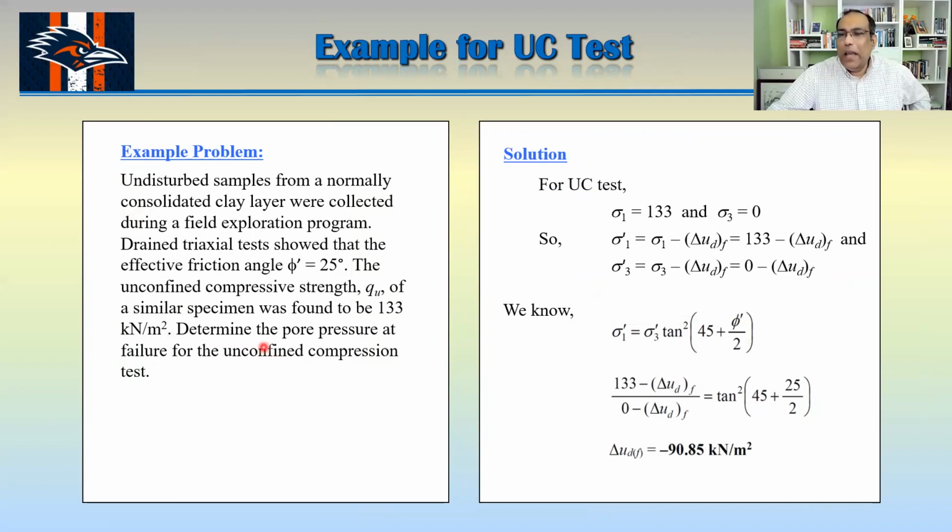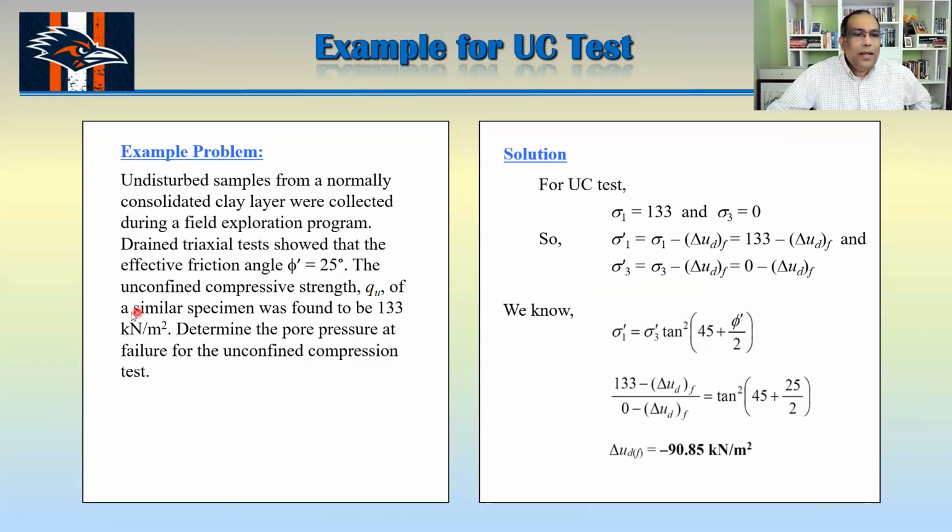We actually don't measure the pore water pressure, but we can calculate that from the equation here. That's what we are trying to show. So for the unconfined compression test, your sigma 1 is given. This one has to be half of that.